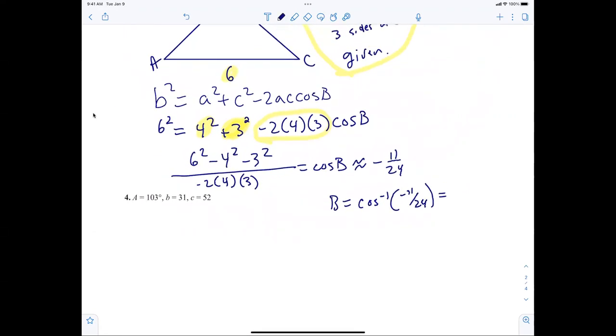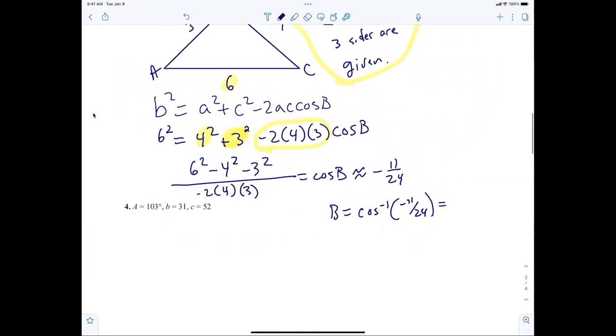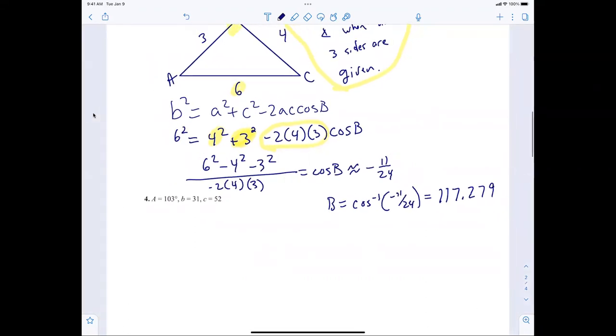62.72? That's not correct. What is it again, Liam? 117.279. All right. Now here's what I'm asking: you've got to type that in the calculator.